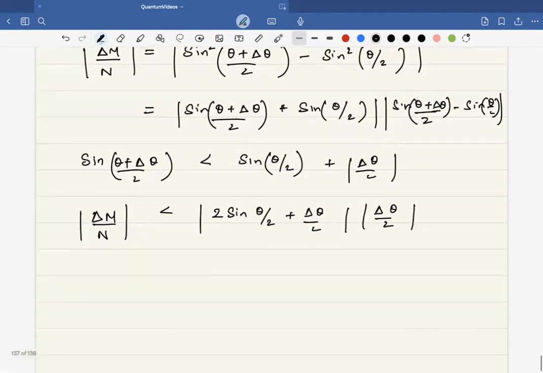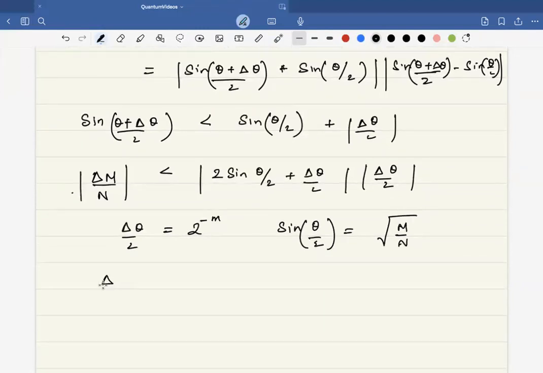Now, delta theta over 2, I'm going to substitute as 2 to the minus m, and sine theta over 2 is equal to square root of M over N. Okay, m is yet to be determined, and it will be determined by the accuracy of delta M. So by substituting, I'll get delta M is less than N times 2 into square root of M over N plus 2 to the minus m, into 2 to the minus m.